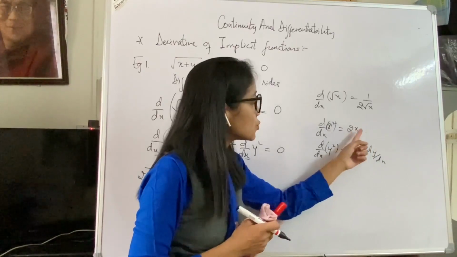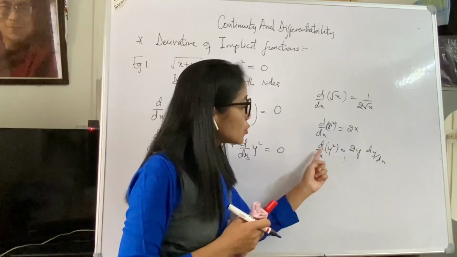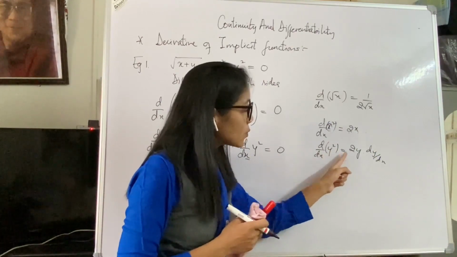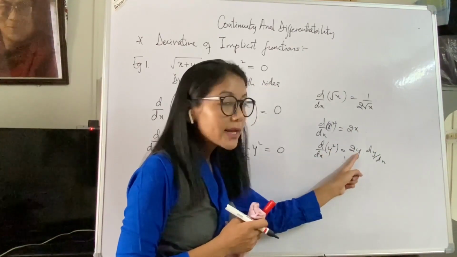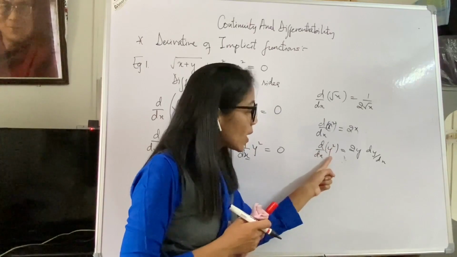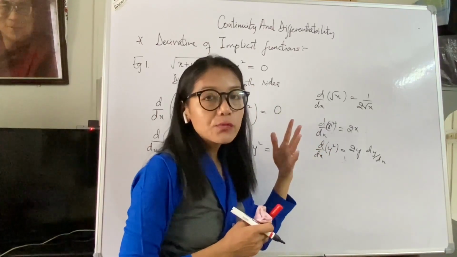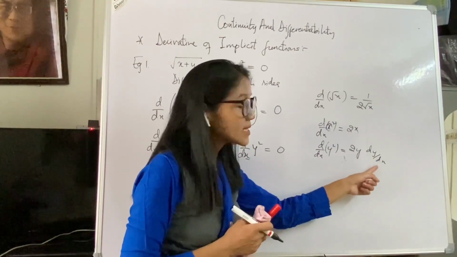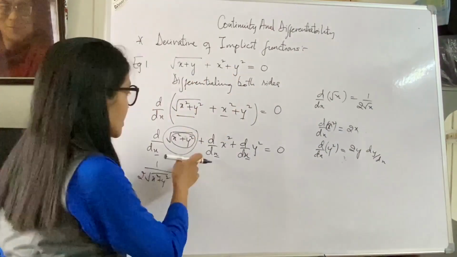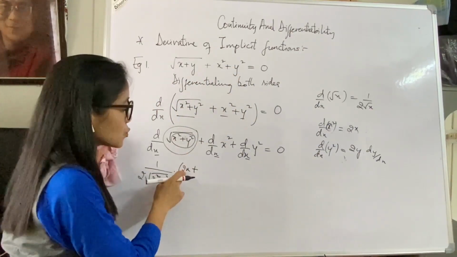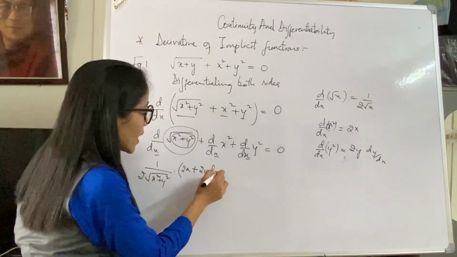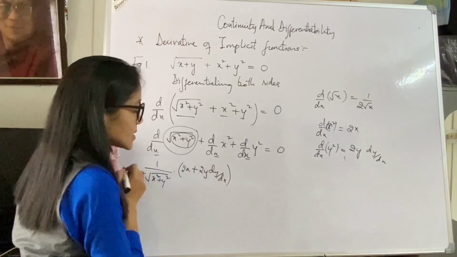Whereas when you are differentiating y square, first you differentiate y square, which is 2y, and then we differentiate y with respect to x, so the derivative of y with respect to x is dy by dx. So now you will write here the derivative of x square is 2x and the derivative of y square is 2y dy by dx.